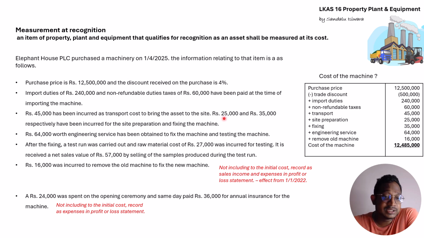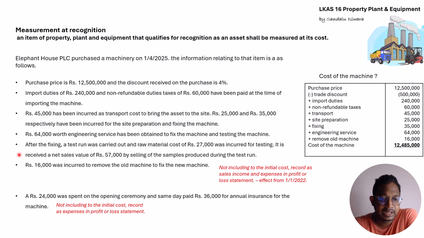And 25,000 and 35,000 respectively have been incurred for site preparation and fixing the machine. Those two also you should add when you're finding the cost of the machine. And the other one, 64,000 worth of engineering service. Yes, the professional fees, when you're paying at the recognition of the initial measurement, you should add that to the cost, right?